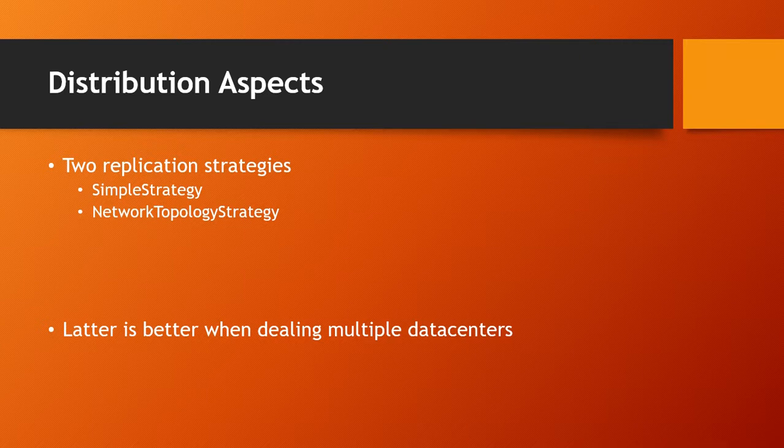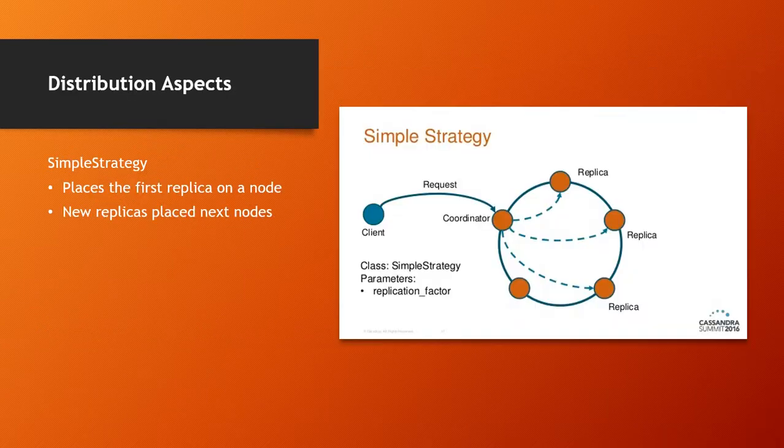The other, more powerful one is the network topology strategy, which is better when working with more complex systems and data centers. The simple strategy places the first replica in a node, and new replicas are placed on the next nodes. As you can see on the figure, it is a pretty straightforward, simple strategy. There is not much to it.